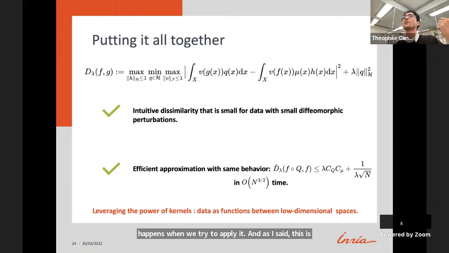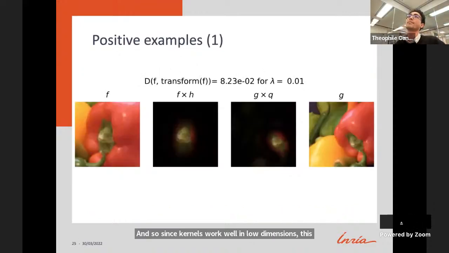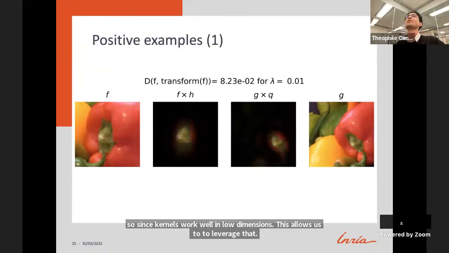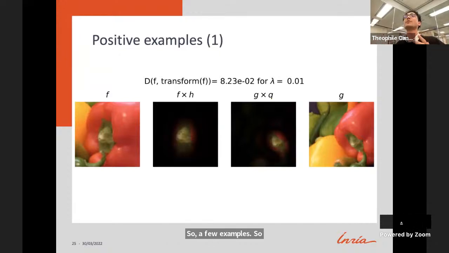And since kernels work well in low dimensions, this allows us to leverage that. So a few examples. These are examples that I built from a large image. I took a crop and then I rotated, scaled, and translated it a bit. And remember also that there's a mask on F that's like a big circle that looks at the center of the image. The goal is to compare both of them and see what happens.